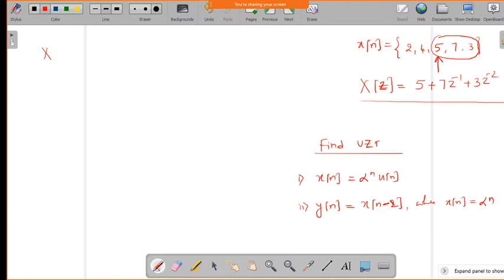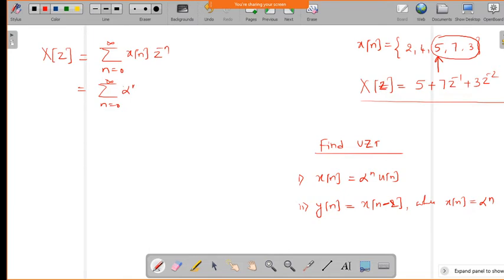Now for the unilateral Z transform, we know X of z is equal to summation n equal to 0 to infinity x of n into z power minus n. Now put x of n equal to alpha power n into u of n. So u of n is 1 from 0 to infinity.